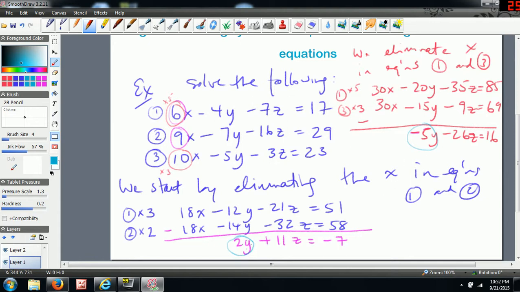So now what I do is multiply equation 1.